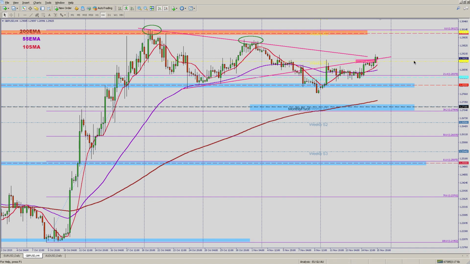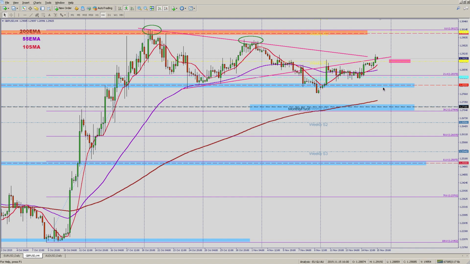So this was the intermediate resistance zone that we had identified. So see whether it will now turn to support, and whether the cable is able to climb up higher.